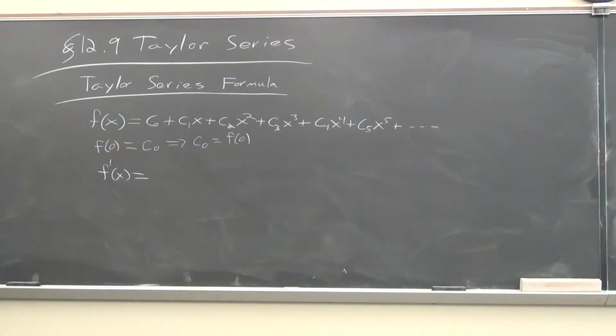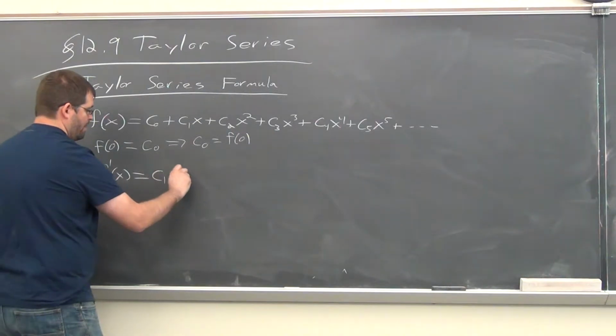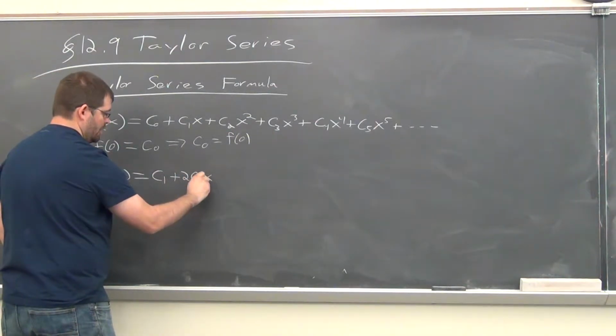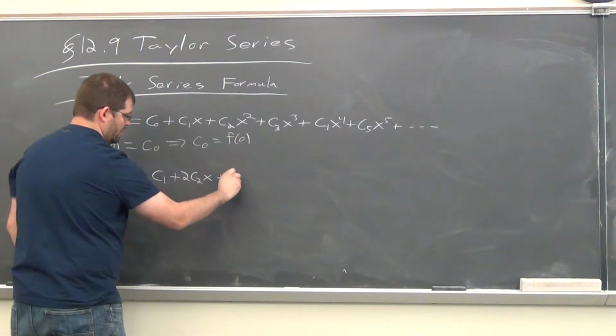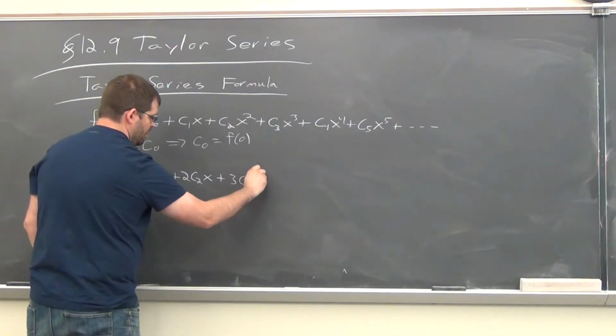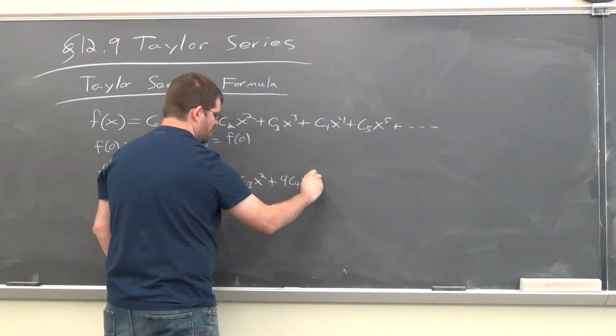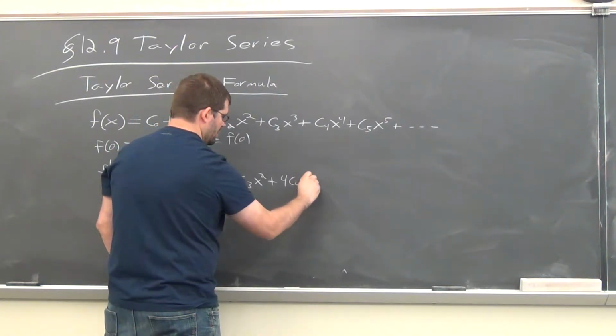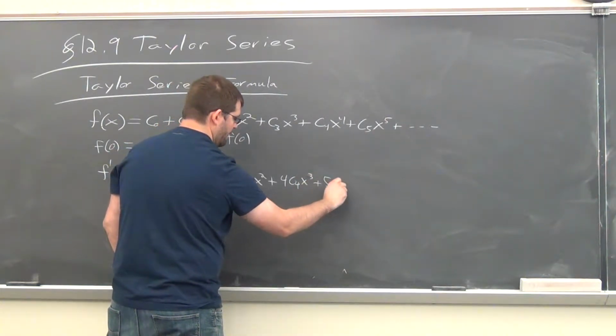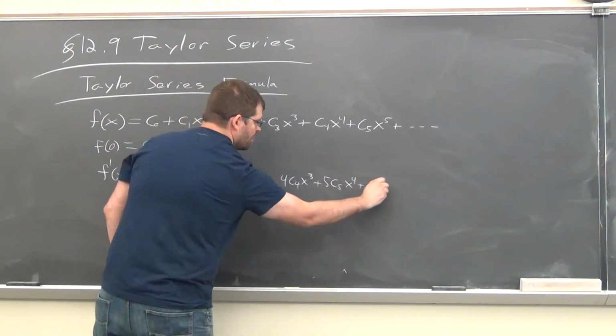What's the derivative of the power series side? C1, 2 c2 x, 3 c3 x squared, 4 c4 x cubed, 5 c5 x to the fourth, and so on.